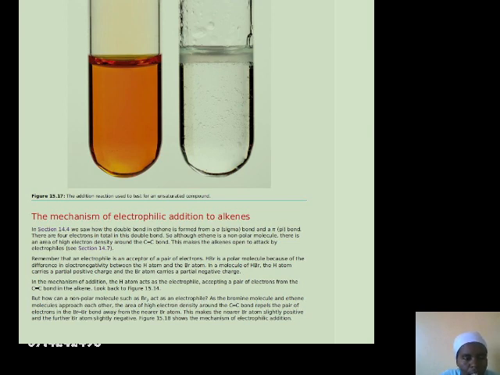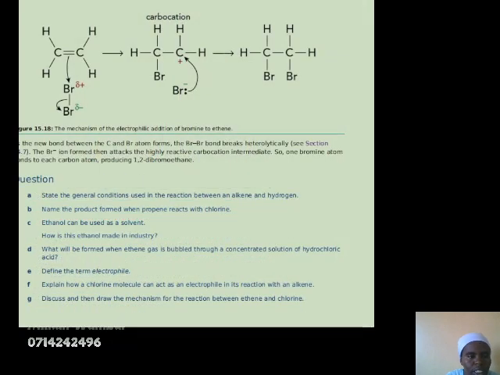So there is a high charge density in the carbon-carbon bond. There will be repulsion of a pair of electrons toward the hydrogen-bromine bond. The bromine carries away the electrons, so the bond will break down heterolytically.